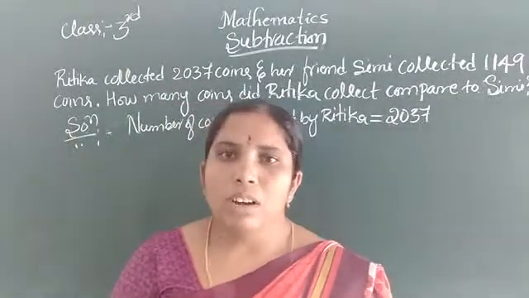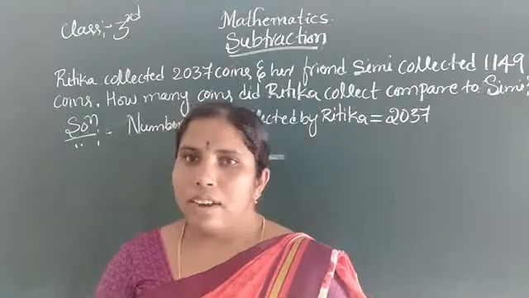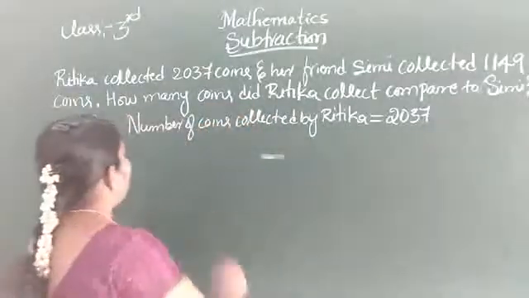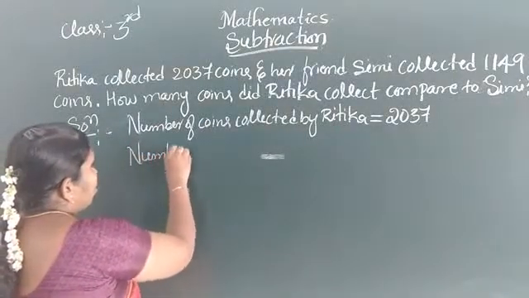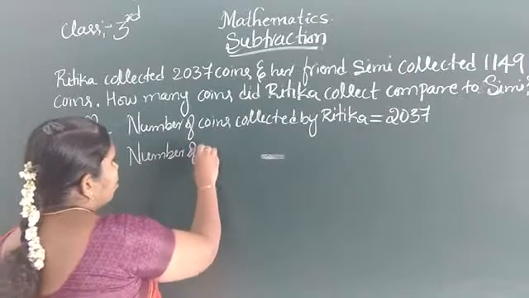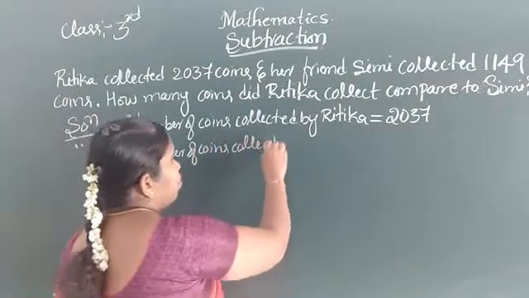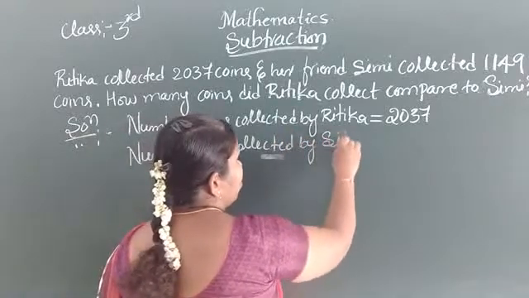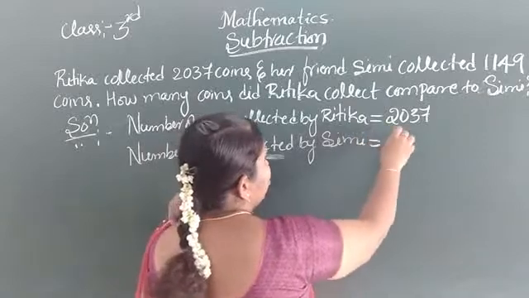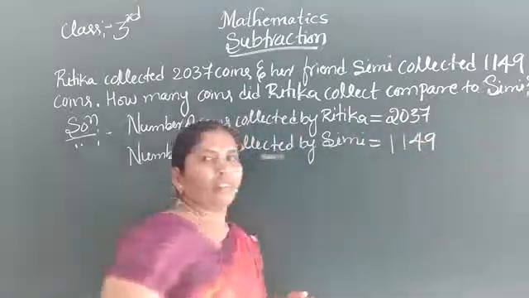Okay, 2037 coins collected by Ritika. Now the number of coins collected by Simi equals 1149.